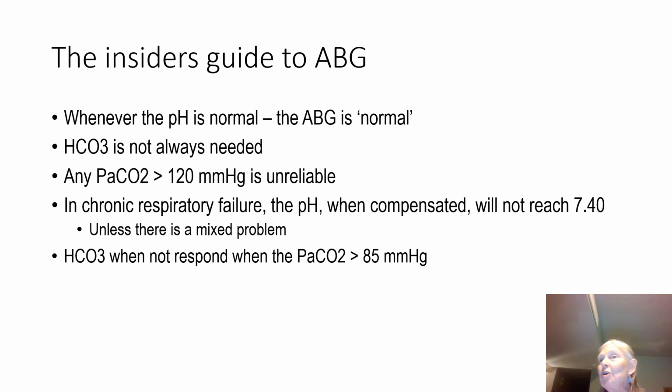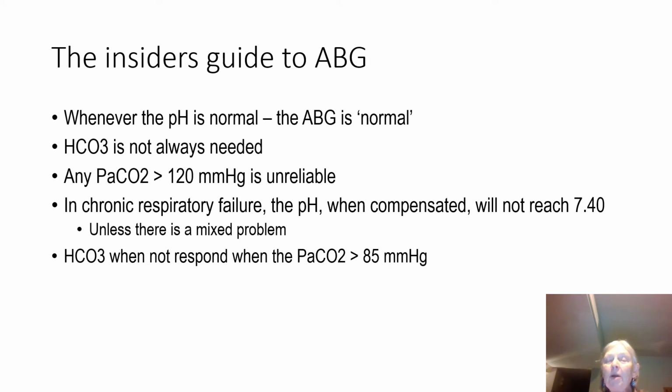If you're doing an acute or acute on chronic, that bicarb on that first, second, or early ABGs is not tied into the ABG that you just performed. Let me repeat that.